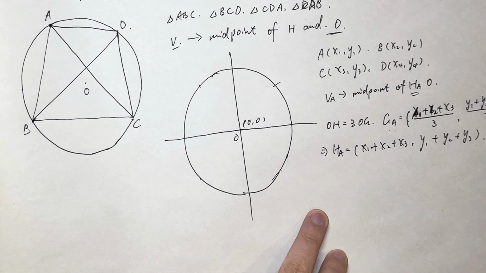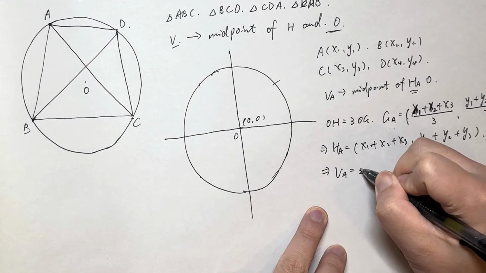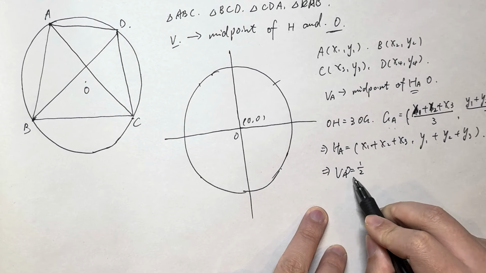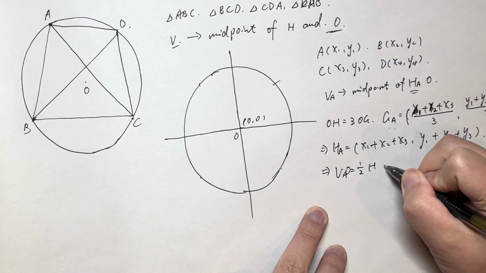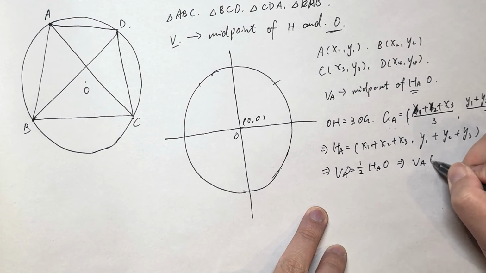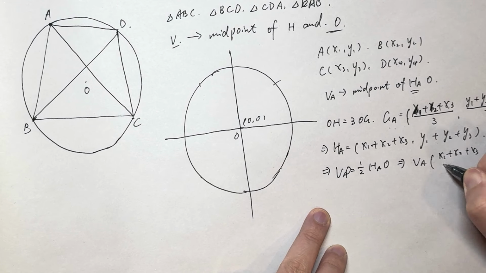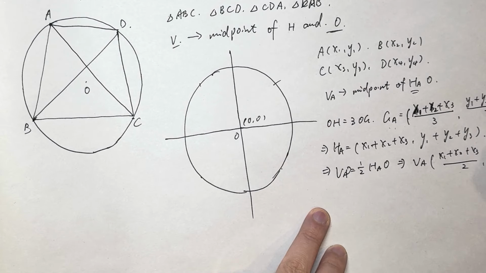Then because VA is the midpoint of HA and O, the coordinate of VA is (x1 plus x2 plus x3) divided by 2, and (y1 plus y2 plus y3) divided by 2.